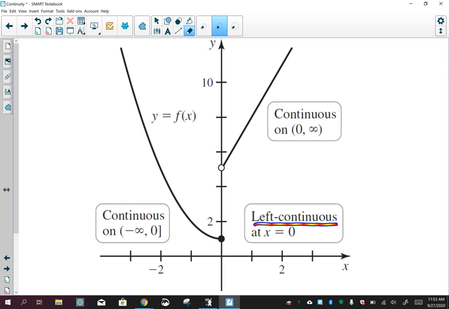If you look at this, this here looks like a parabola and this here looks like a straight line. This could be an absolute value and this could be part of a cubic. We don't know. But the point is I have two different functions here. But at some point where they start and stop, I've got this thing right here that's happening. And so that's what I want to look at, my left continuous and my right continuous.